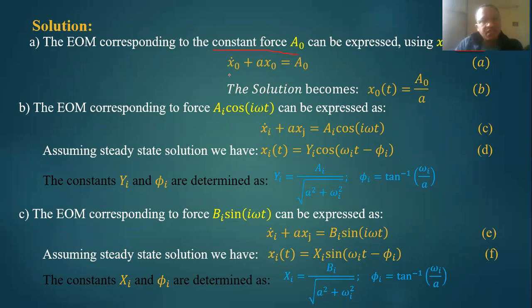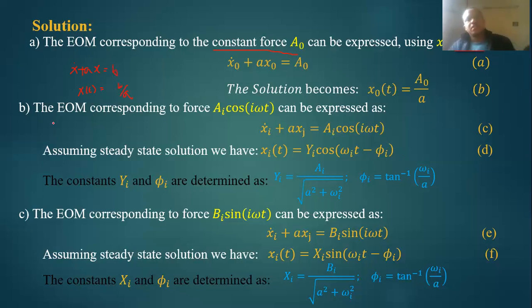And the solution for this, as we know from our mathematics, for x dot plus a x equals some constant b, the solution is x of t equals b over a, that is, b over the coefficient a of x. So a naught over a is the solution.